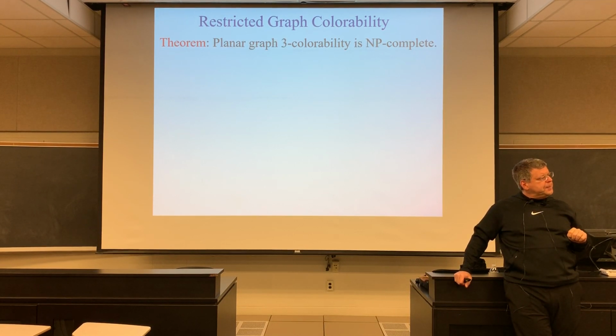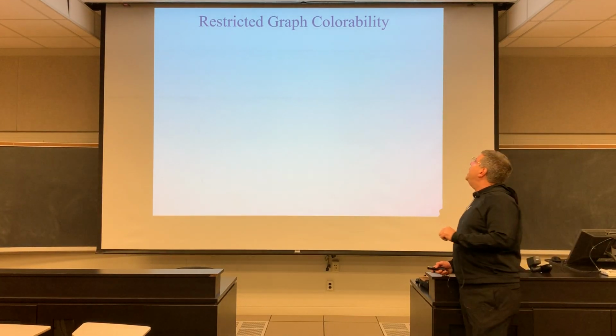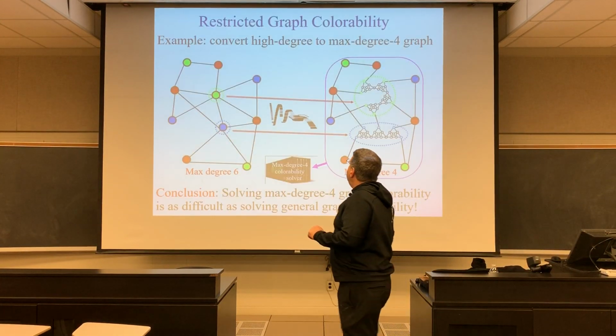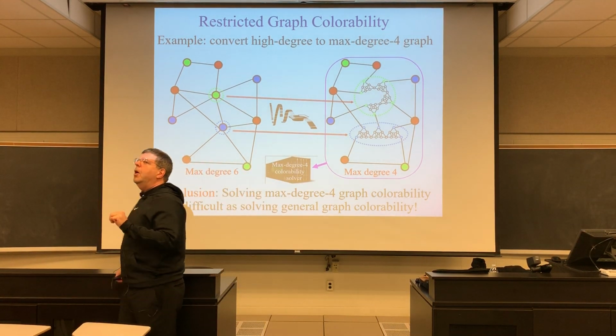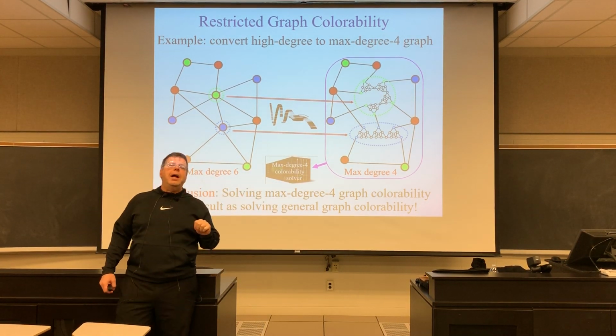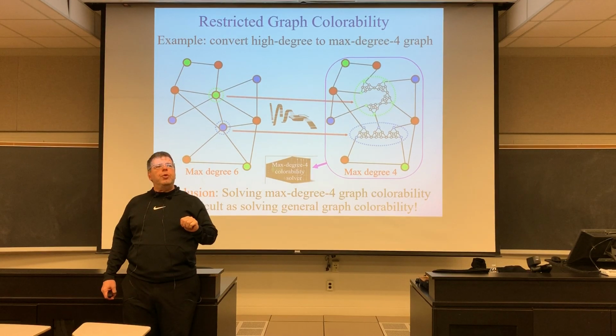Question? They said that the degree above 4 explodes, but is that a function of colorability as well? Is it a max degree 4 graph, 4-colorability? So he's saying, we proved that 3-colorability of max degree 4 graphs is NP-complete.